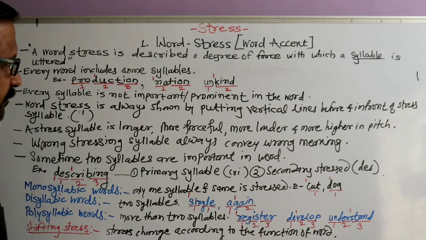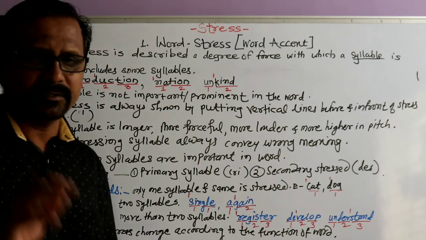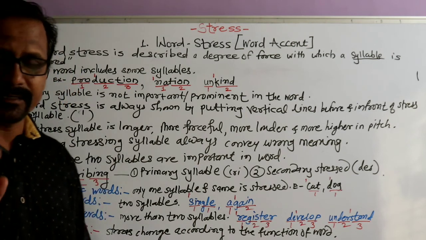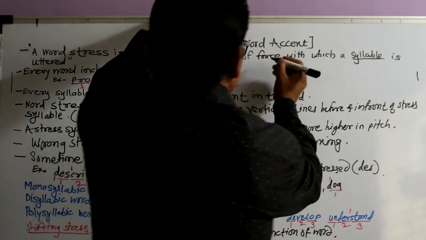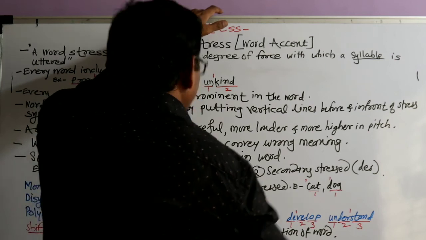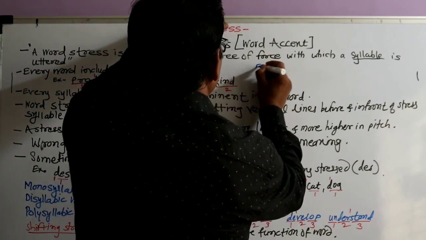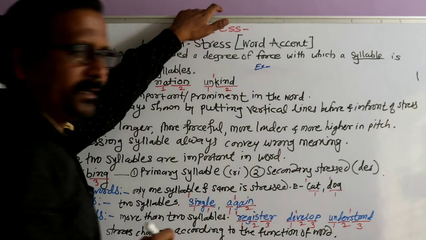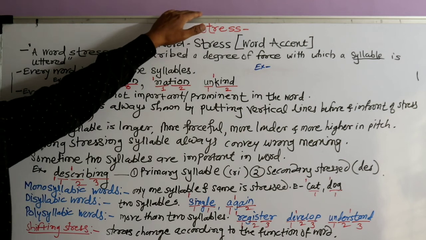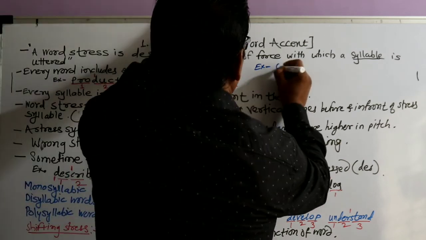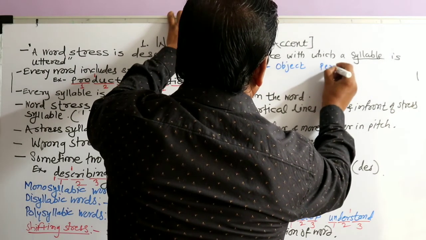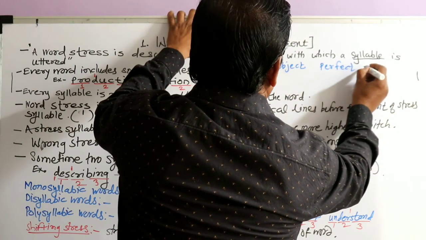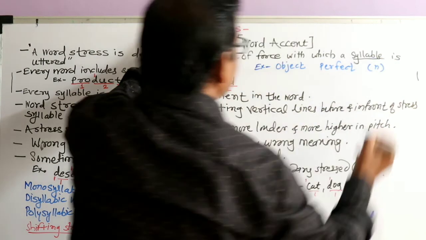For example, we will take some examples about this. Just as I am writing here, the words like object and perfect, when both are playing their role as a noun.